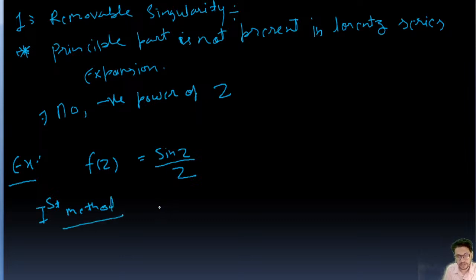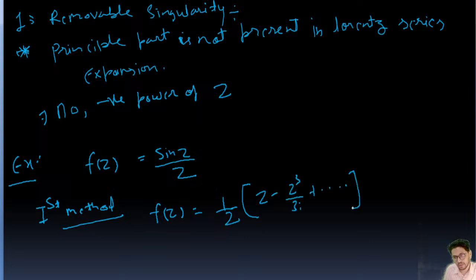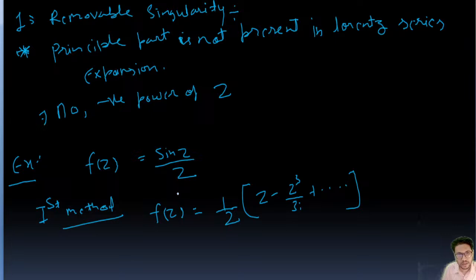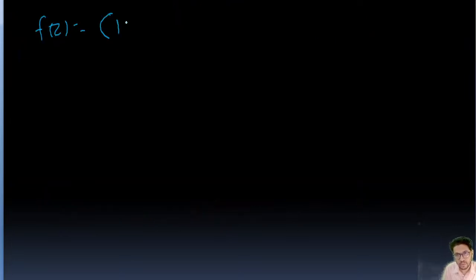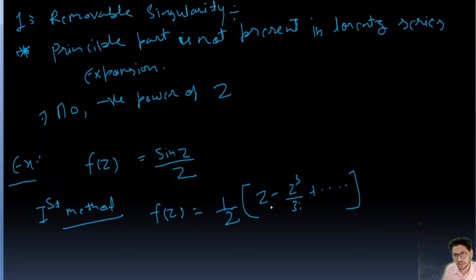I can write f(z) equal to 1 upon z, and I can open sin z. Sin z means z minus z cube upon 3 factorial plus so on. Taking z inside, this is going to be 1 minus z square upon 3 factorial plus so on, because z will cancel.